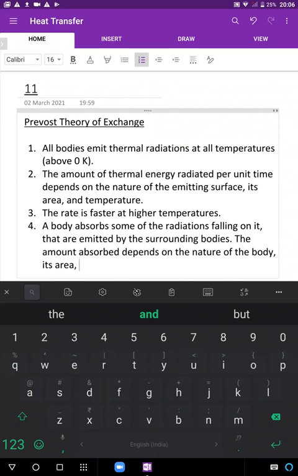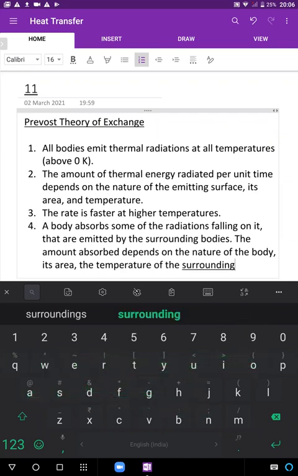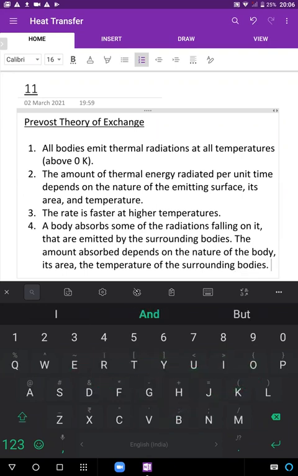And finally, it also depends on the temperature of the surrounding bodies, because if the surrounding bodies are hotter, at a higher temperature, they'll be emitting more energy. So if they emit more and more falls on you, you'll absorb more. On the other hand, if the surrounding bodies are at a lower temperature, they'll emit less, less will fall on you, and you'll absorb less.